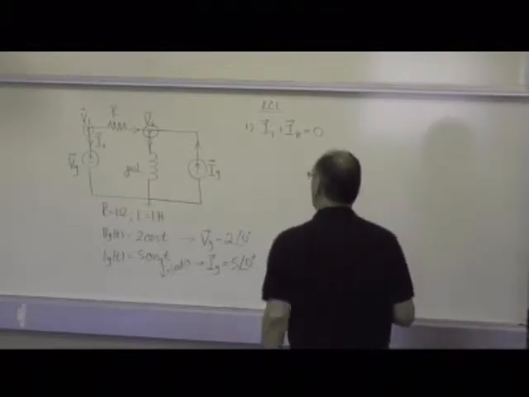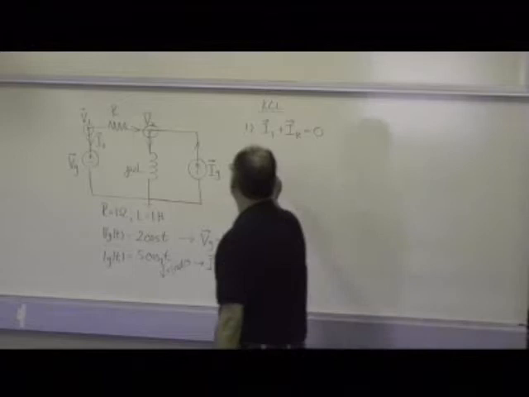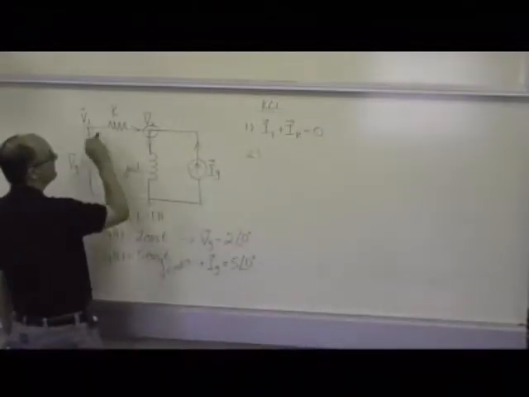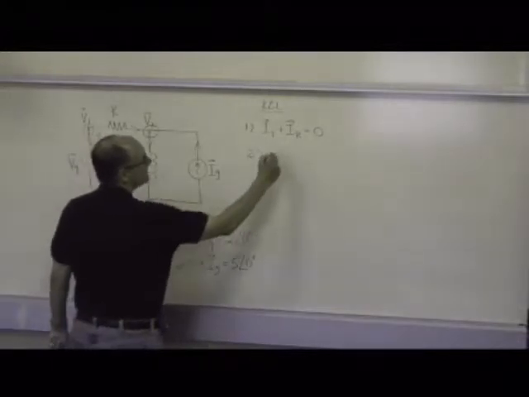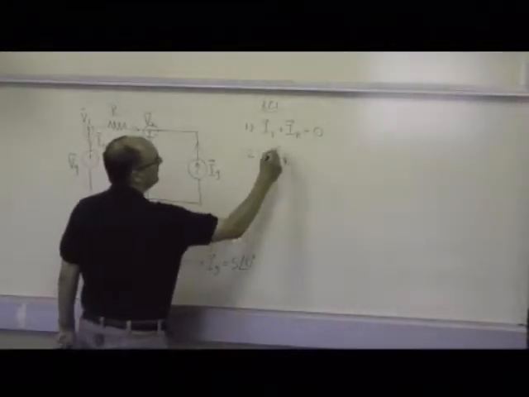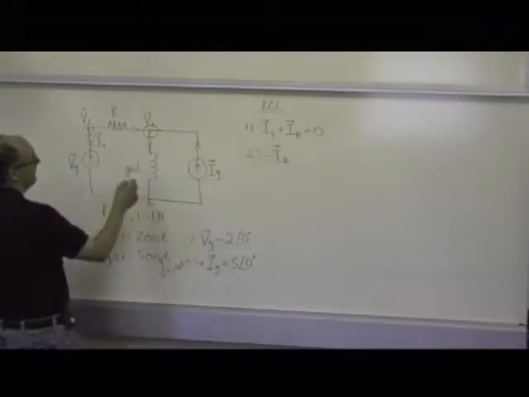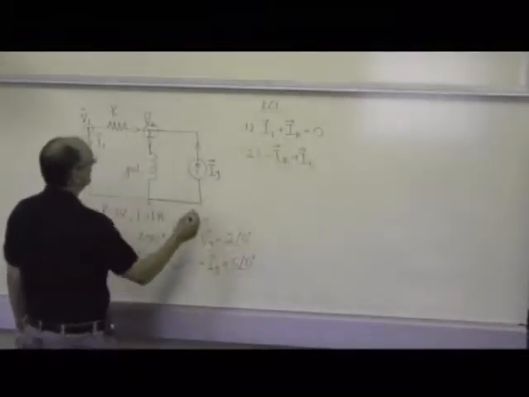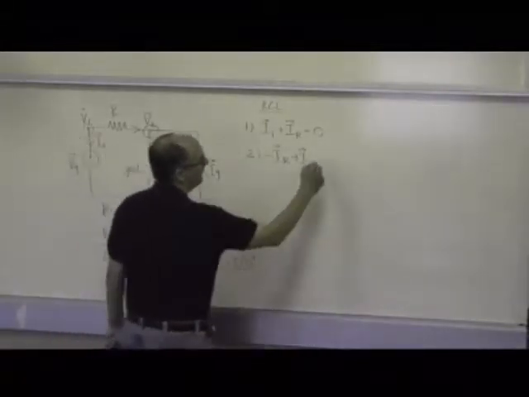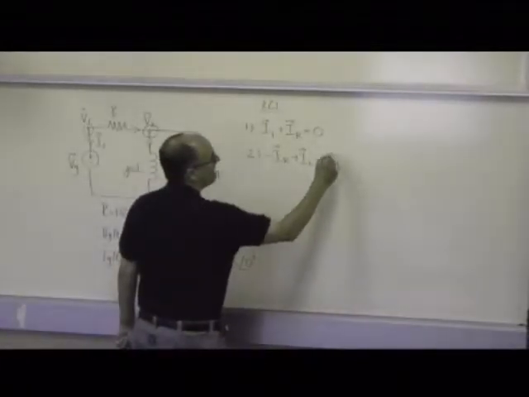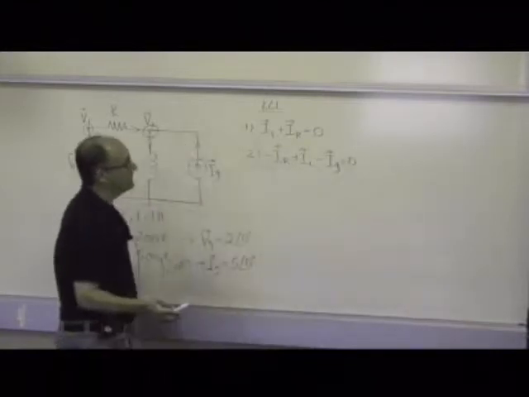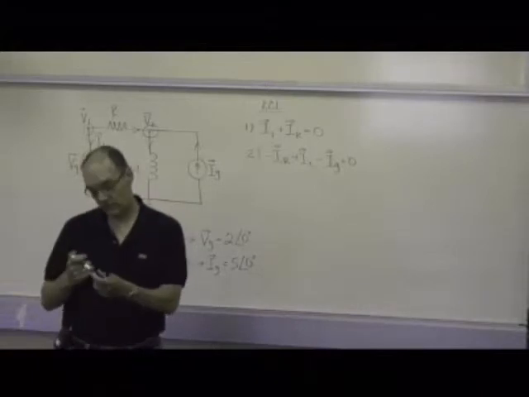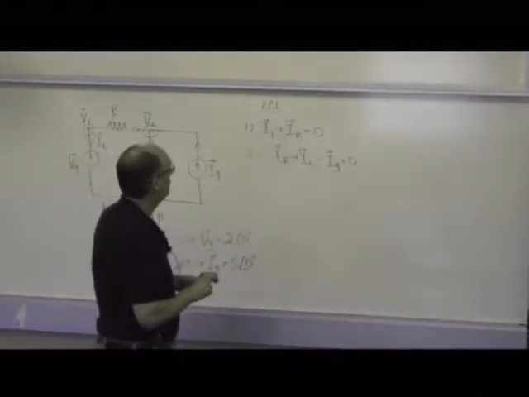All right, for node 2, what we're going to have is more of the same, essentially. This current is going into the node, so you've got minus IR. IL is going out. And IG is going in. And those are my two basic equations, which I can write by Kirchhoff's current law.